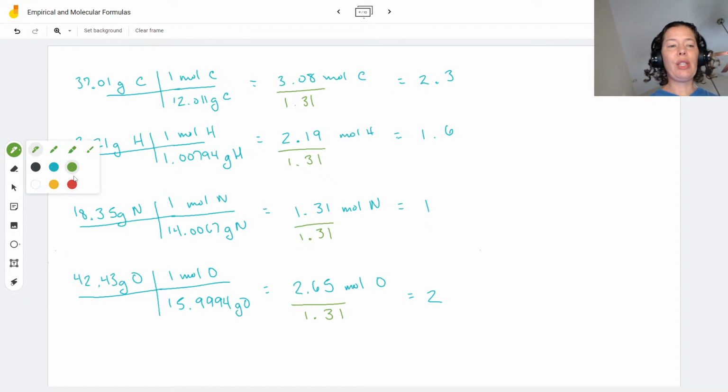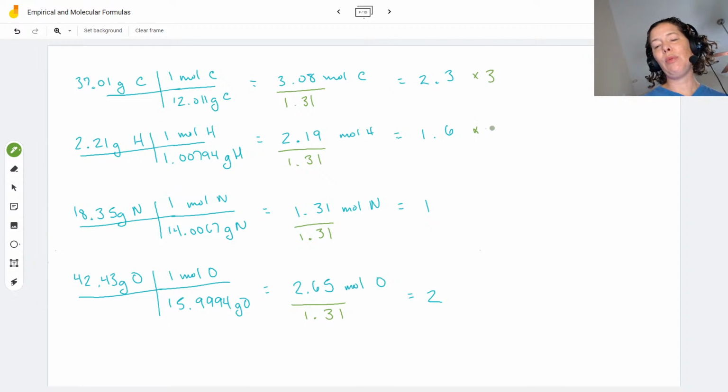I am going to put this in a different color. All right, so everything, of course, gets multiplied by 3. And that is going to give me my lowest whole number ratio. The whole number is key here. That will give me 7, of course, gives me 3, and this gives me 6.